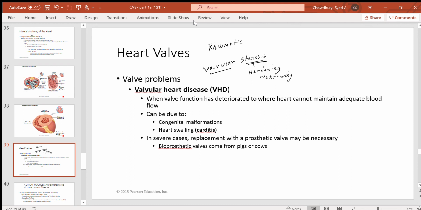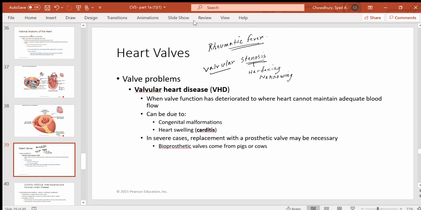Young kids get it more, and rheumatic fever can cause lesions of the valves, so that can cause a defect in the valve. So valvular defects could be congenital or after birth.